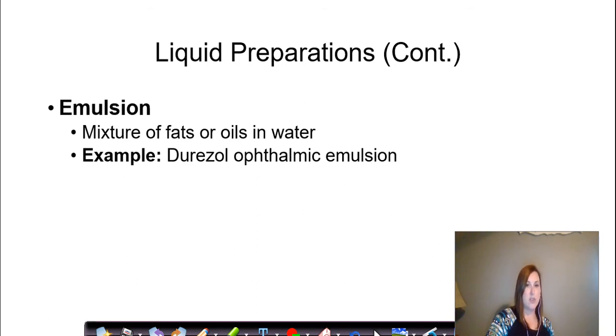So Uresol is an eye drop that can be used to treat eye pain and irritation, inflammation after surgery. It can be in an emulsion, and can also be a gel or cream. This is just a liquid preparation of an emulsion.